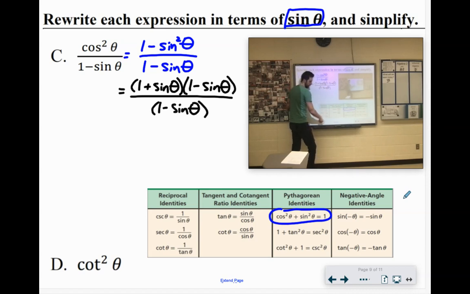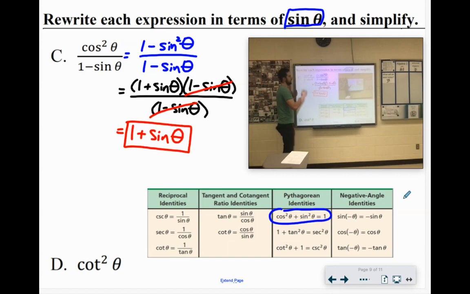And now you'll notice you can cancel out the 1 minus sine of theta because you have an entire product there. So we're left with 1 plus sine of theta. You can't simplify any more off of that.